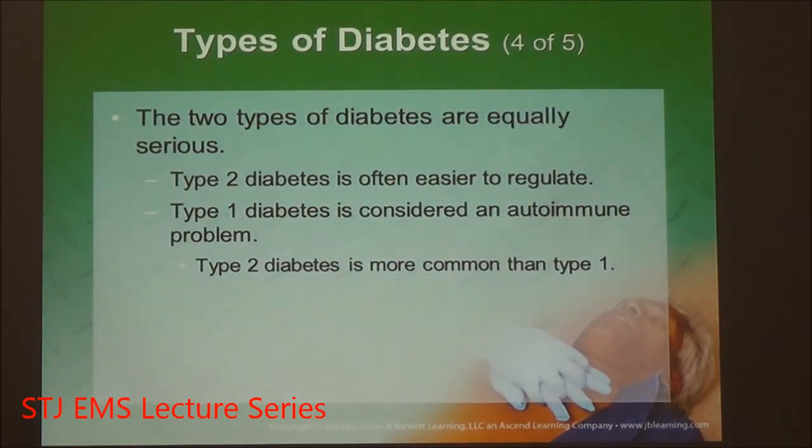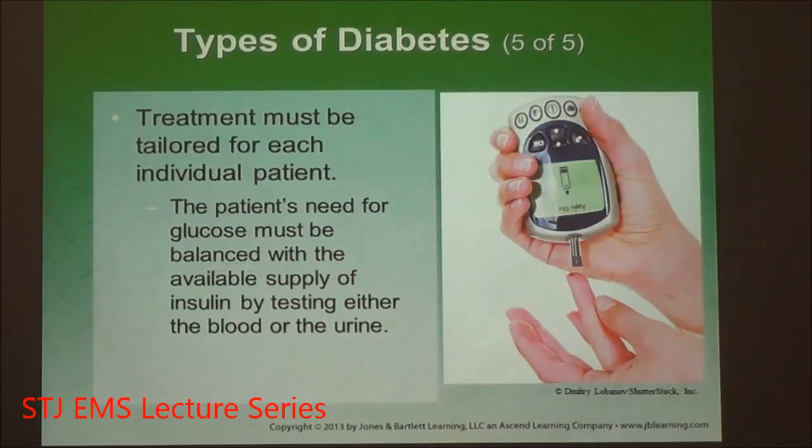Regardless, both types of diabetes are potentially lethal, but they're easy to regulate. Type 2 is more common than type 1. Make note of that. So how we treat our diabetics really varies by each individual patient. Their need for glucose might be different than another person's need for glucose.